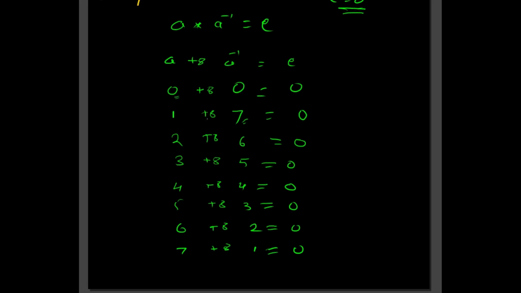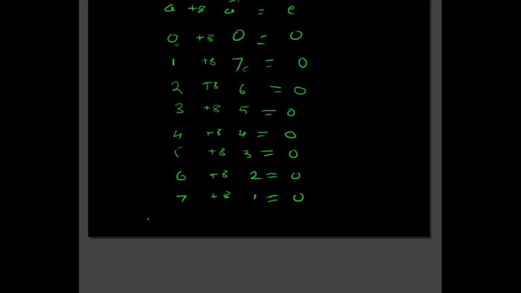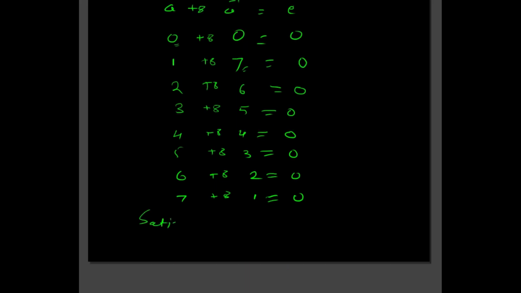For 1, performing the operation with 7, addition modulo 8, gives you 0. 2 plus 6 is 8, 8 mod 8 is 0. 3 plus 5, 8 mod 8 is 0. 4 plus 4, 8 mod 8 is 0. 5 plus 3, 8 mod 8 is 0. So similarly it satisfies the inverse property. Hence this is a group.